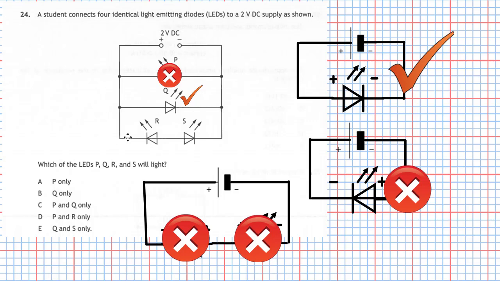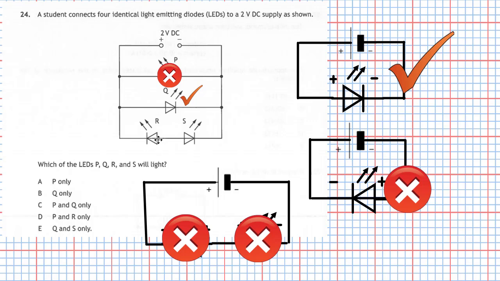If we look at the third parallel branch in that circuit, we have a similar situation to the last circuit we talked about. LED S is correctly biased, it's forward biased, because the N-type is connected to the negative supply, and the P-type part of the semiconductor is connected to the plus. But it's this LED here that is not forward biased.